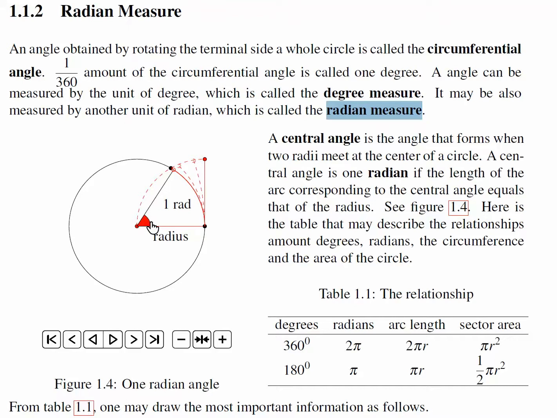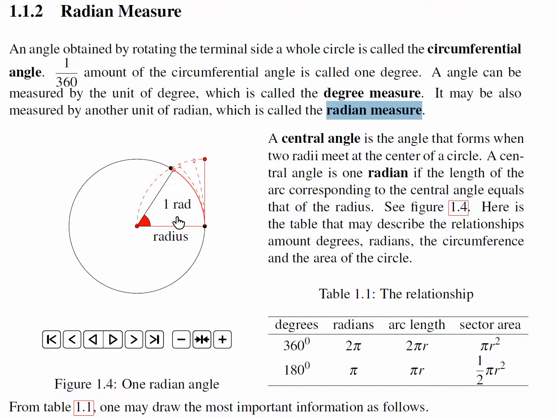So a 1 radian angle intuitively is smaller than 60 degrees, because this point does not coincide with this point.